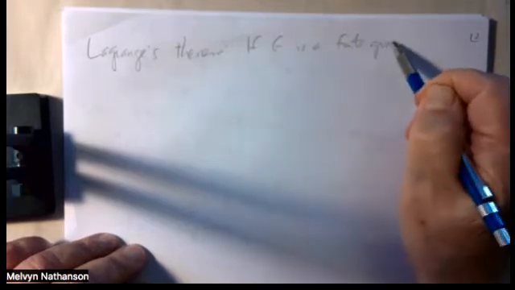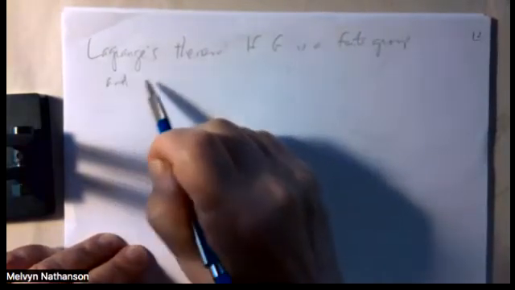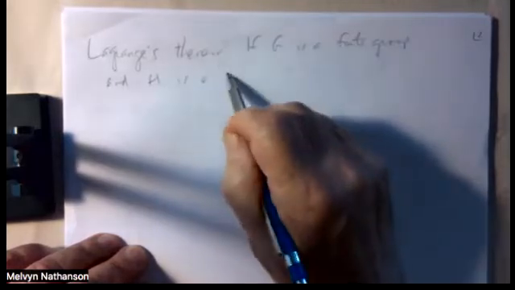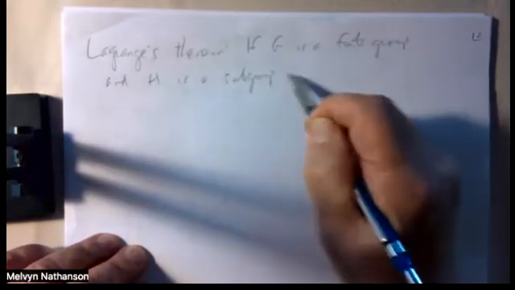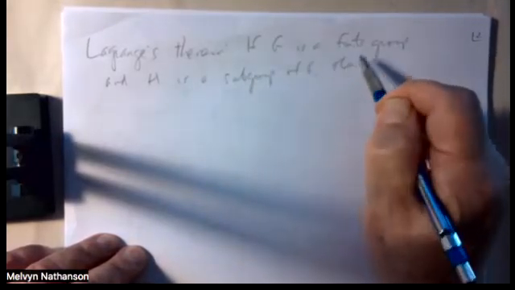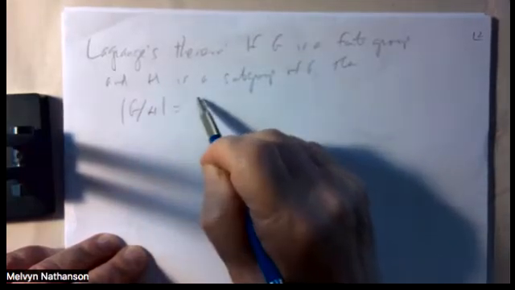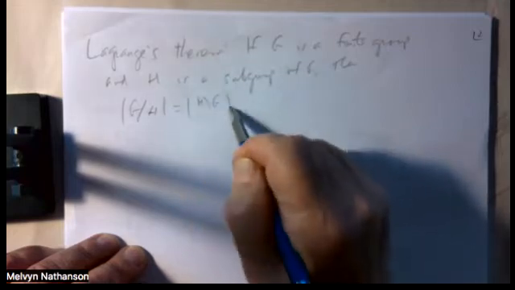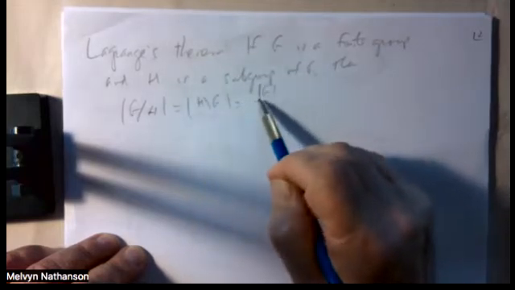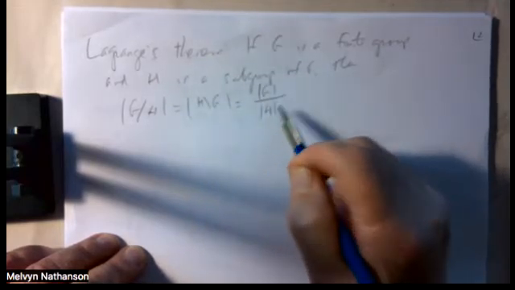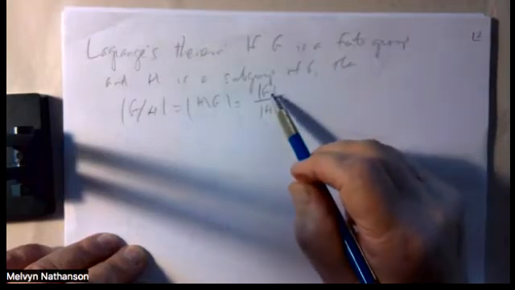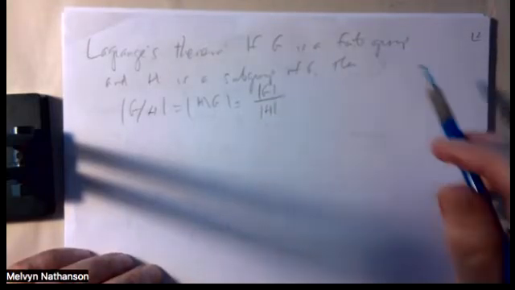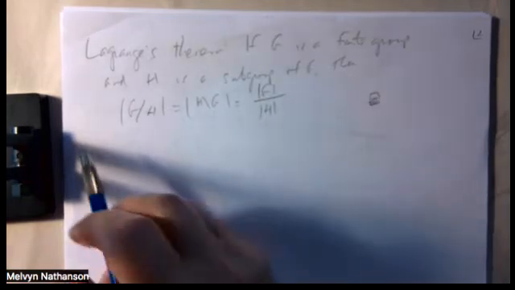If G is a finite group and H is a subgroup of G, then the number of left cosets is the same as the number of right cosets. It's the order of the group G divided by the order of the subgroup H, where when I put absolute value signs around a set, it means the number of elements in the set. So that's a really major theorem.